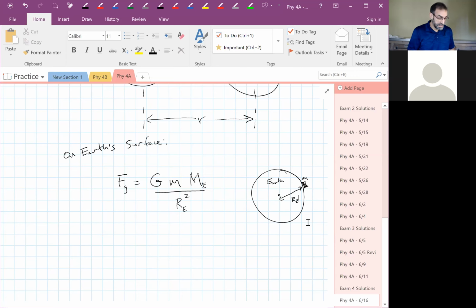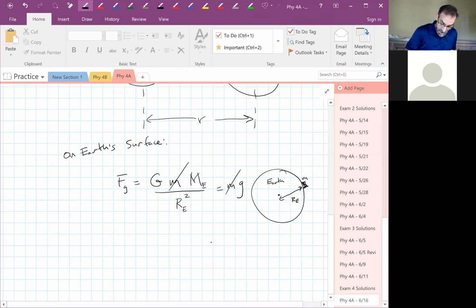All right, and what does this have to equal then? If these two formulas have to agree on the surface of the Earth, this has to be equal to mg, right? So we can cancel out the mass of our object. And what do we get?